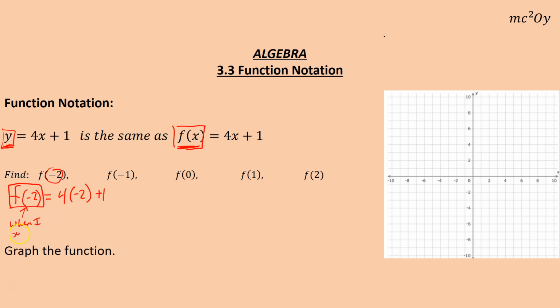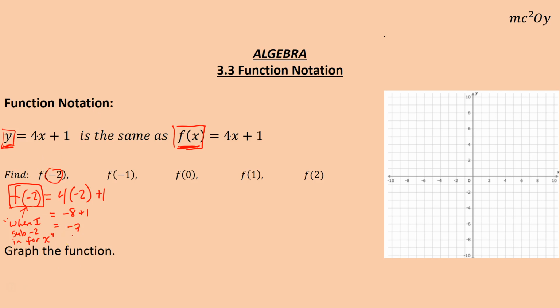Then we show our output. Our output would be 4 times negative 2 plus 1, or negative 8 plus 1, or negative 7. So that means you have an input of negative 2 and an output of negative 7.